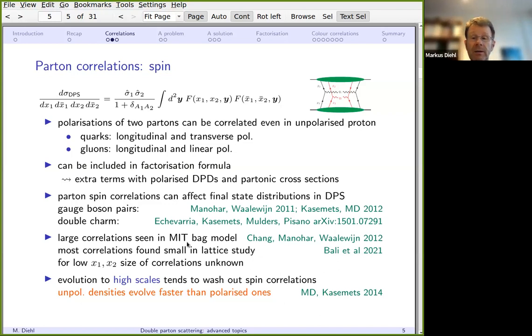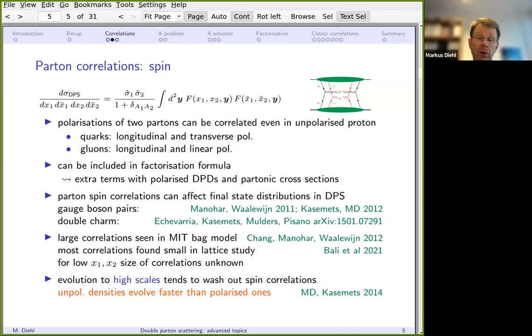Now, that lattice study was basically probing moments in x, or integrals over x1 and x2. And these are, of course, dominated by average values of the x's. So neither of these two studies can tell us anything about the size of spin correlations at lowish values of x, which are the ones that we most easily probe in the experiments.